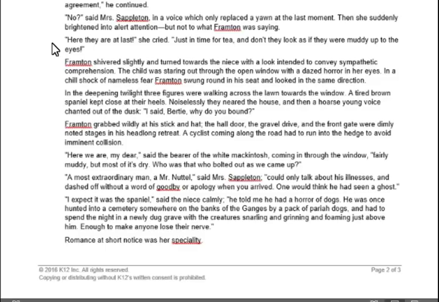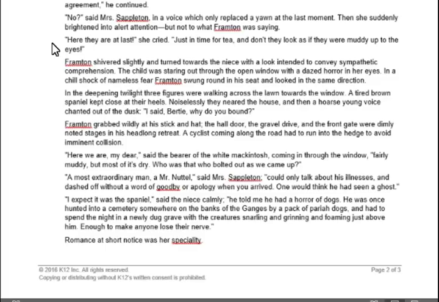In the deepening twilight, 3 figures were walking across the lawn towards the window. A tired brown spaniel kept close at their heels. Noiselessly they neared the house, and then a hoarse young voice chanted out in the dusk, "I said, Birdie, why do you bound?"